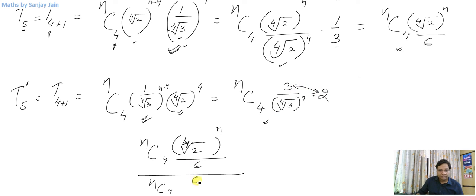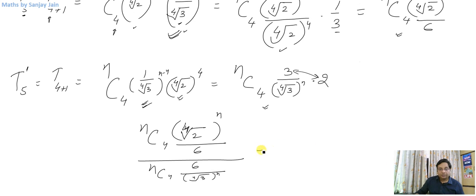So this is 6 divided by the fourth root of 3 raised to power n, and it is equal to root 6 by 1. Now let's see what can be cancelled. This can be cancelled.